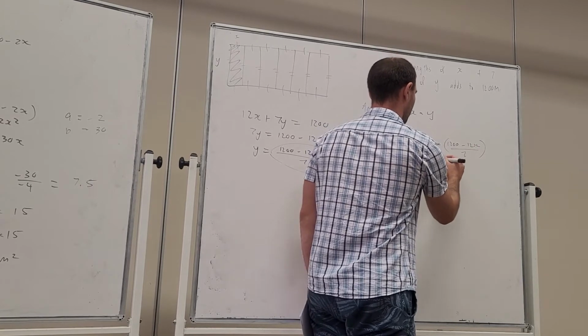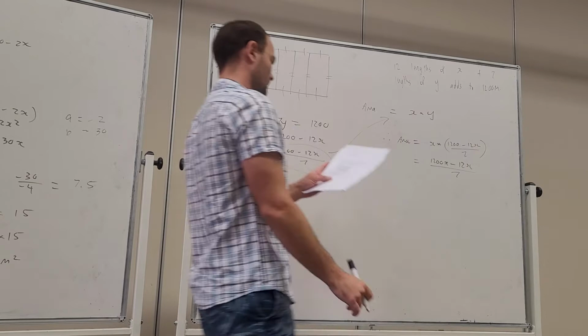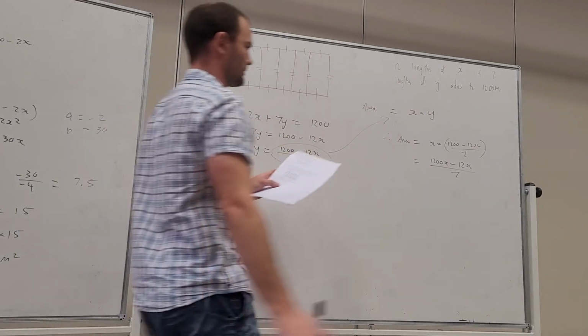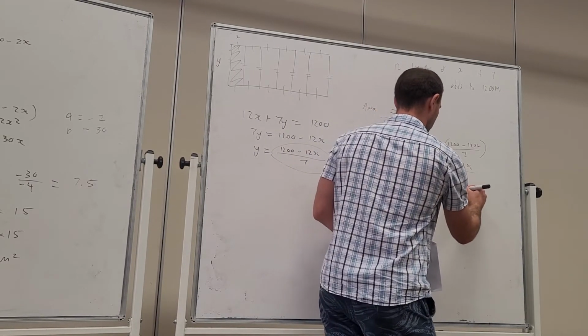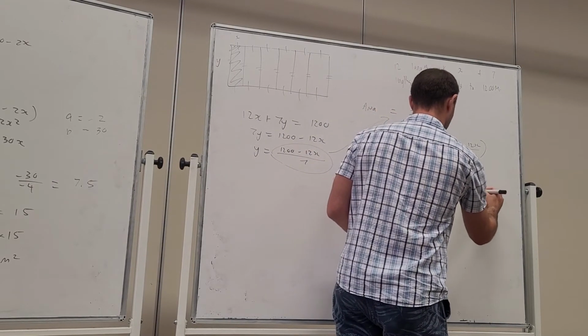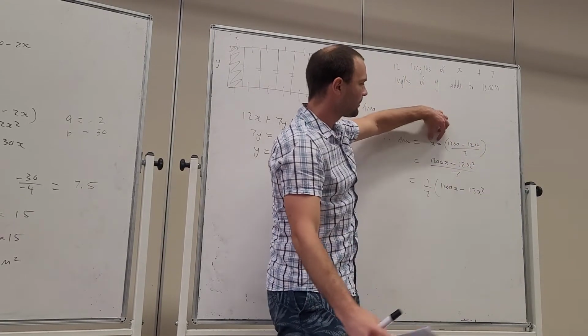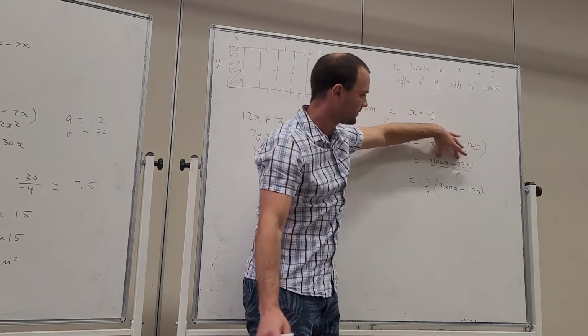Which is 1200x, take 12x on top of 7, which is 1 on 7. I'm not sure where that 6 is coming from. Take 12x. That's squared, isn't it? So when we perform this multiplication, we've got 1200x, take 12x squared on 7.